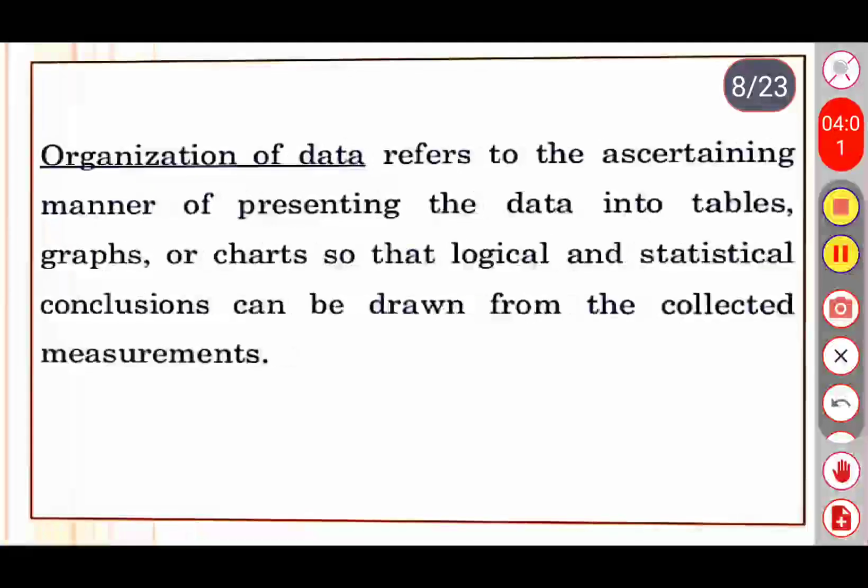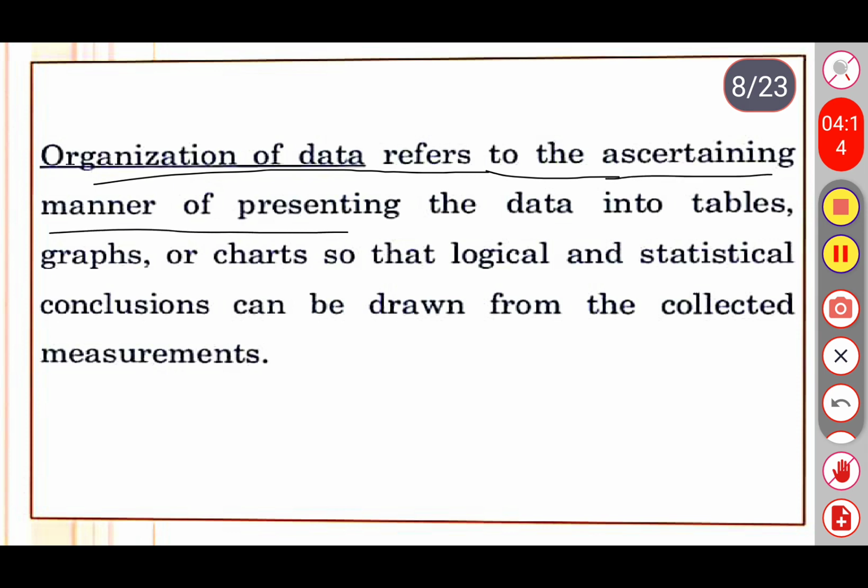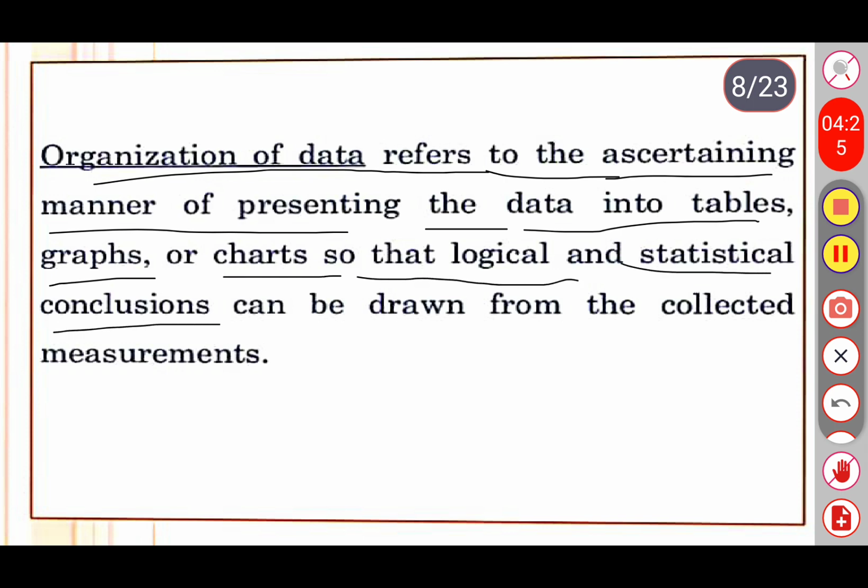And next one, organization of data. Organization of data refers to the systematic manner of presenting the data in tables, graphs, charts, so that logical and statistical conclusions can be drawn from the collected measurements.